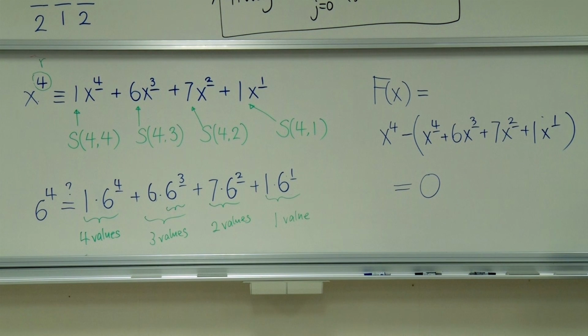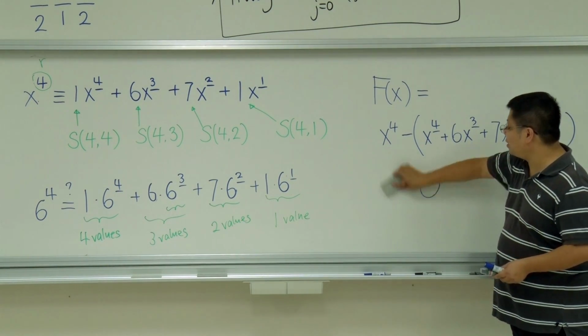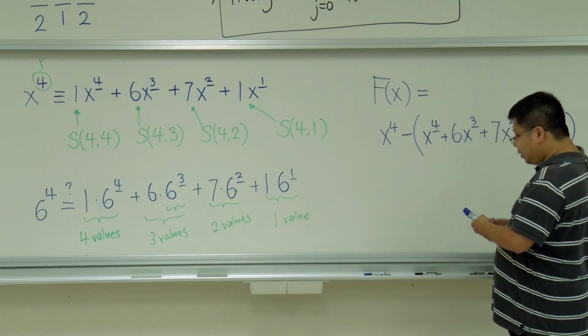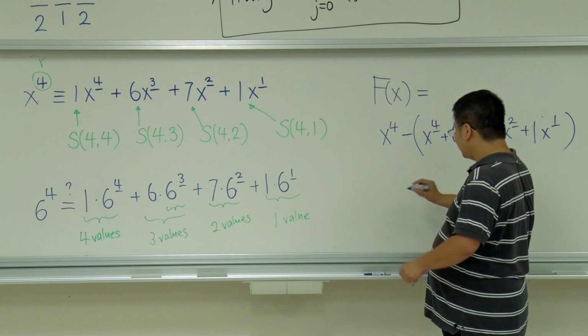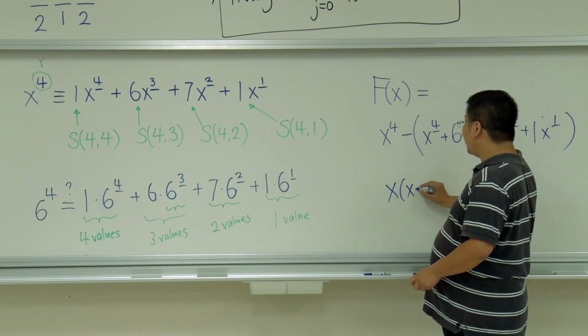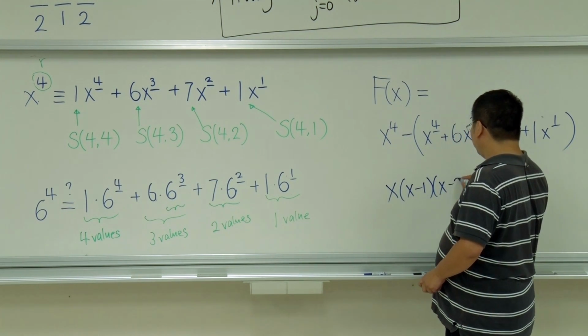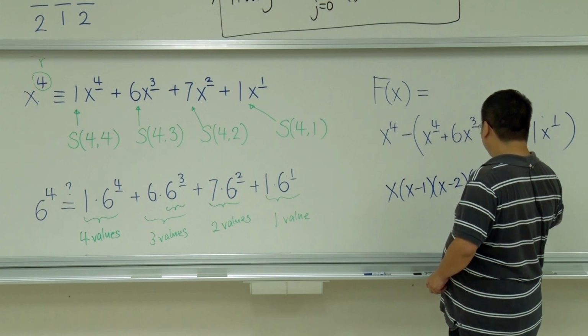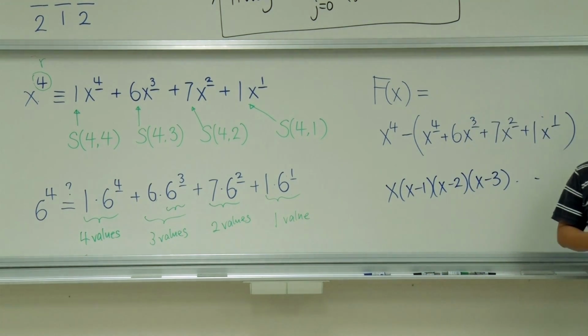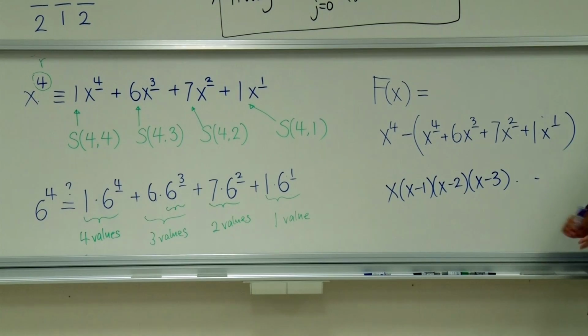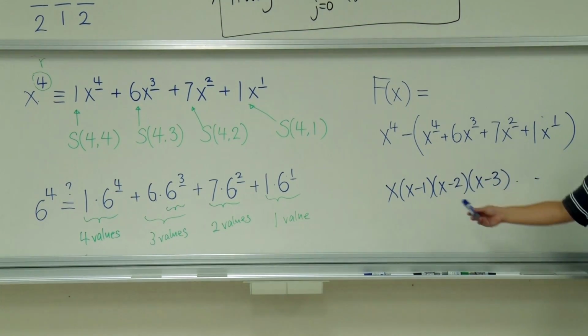So how about the Stirling number of the first kind? The Stirling number of the first kind is relatively easy to define. You just look at the expansion, x, let's say x minus 1, x minus 2, x minus 3, and so on and so forth. Then the coefficients will form the Stirling number of the first kind.